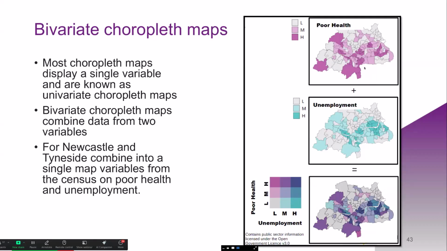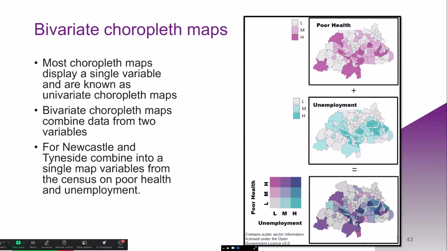On the map here, the areas of darkest blue are where both unemployment and poor health are high, and grey is where unemployment and poor health are low. It's quite a nice way of displaying two census variables at the same time, although you have to be careful to make sure that those variables have some sort of relationship to one another, because otherwise you could create quite spurious maps.